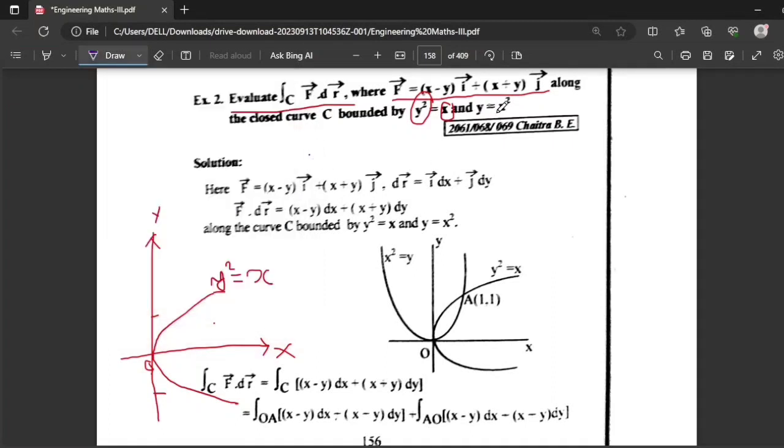For y equals x square, for every positive or negative value of x, the value of y is positive, not negative, only positive. So it will be like this.